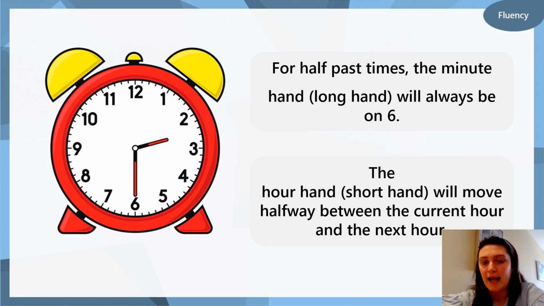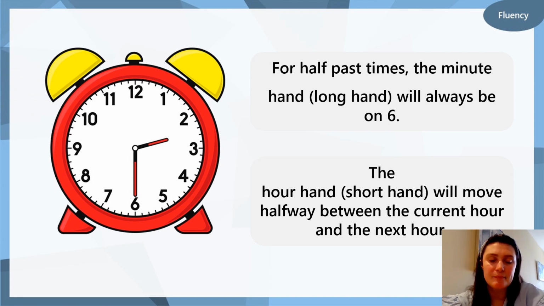When we're looking at the minute hand on 6, we call this the half past. So big hand at 12, it's the o'clock. Big hand at 6, it's half past.